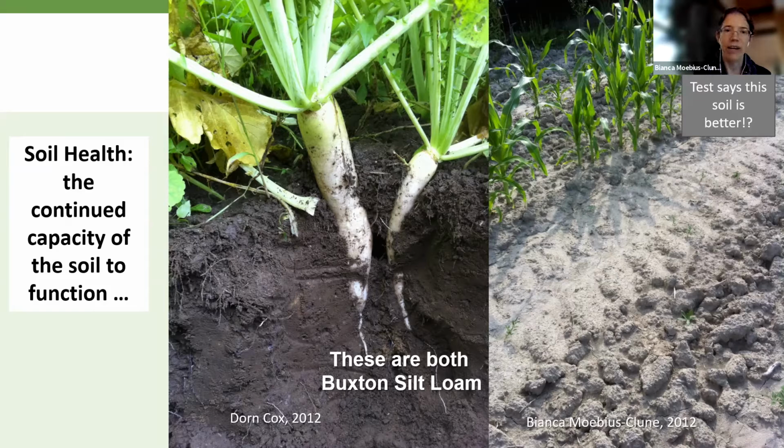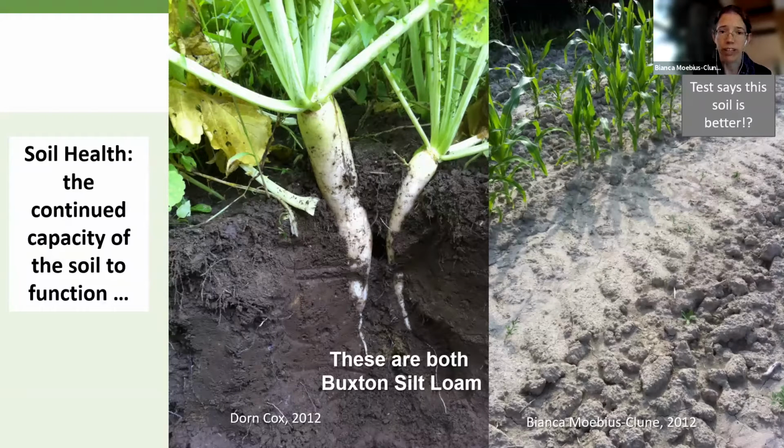And here's a key example. This slide right here, these two soils are both Buxton silt loam, which is a soil type in New Hampshire. And this farm used to grow strawberries, on the right here. Used to grow strawberries, couldn't grow them anymore. They were getting way too many pathogens. They just weren't working out. Everything before the fruit would even get ripe, they would just lose most of it. They tried growing sweet corn for a while.